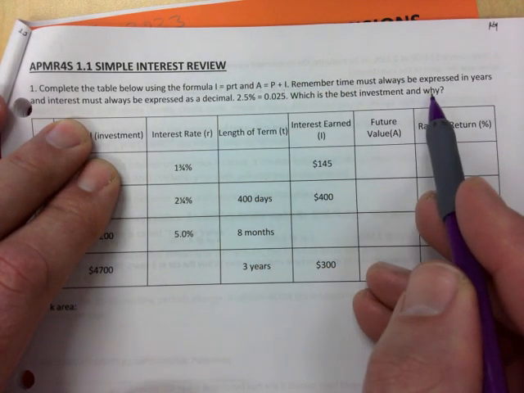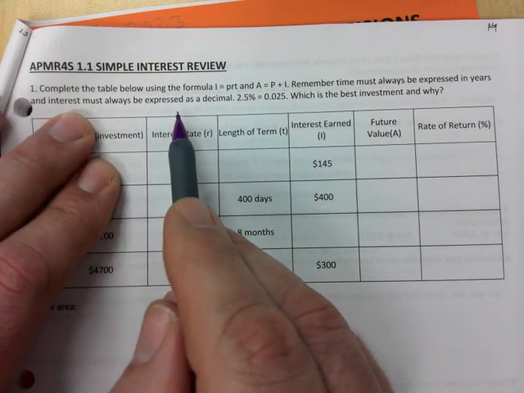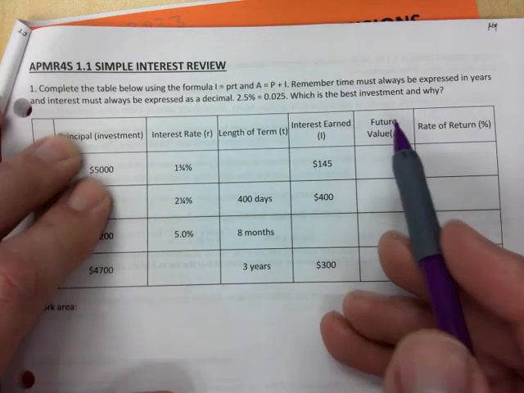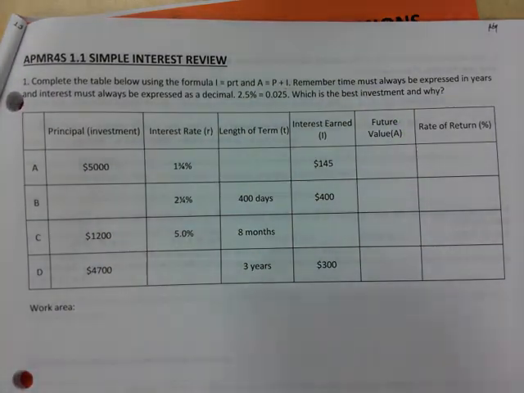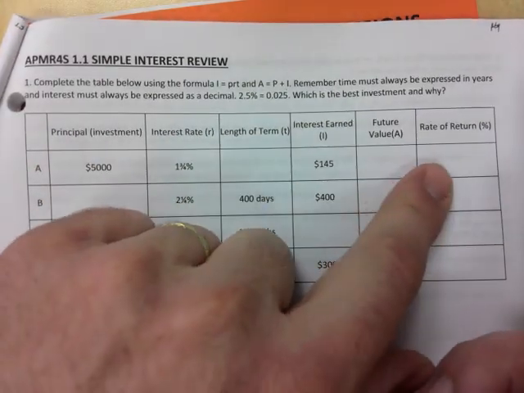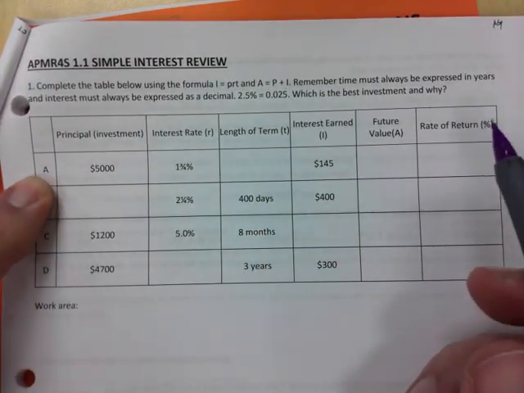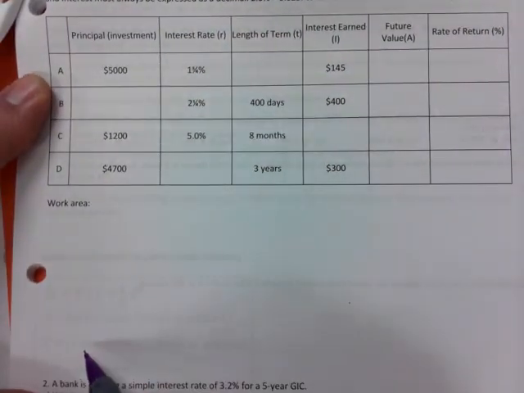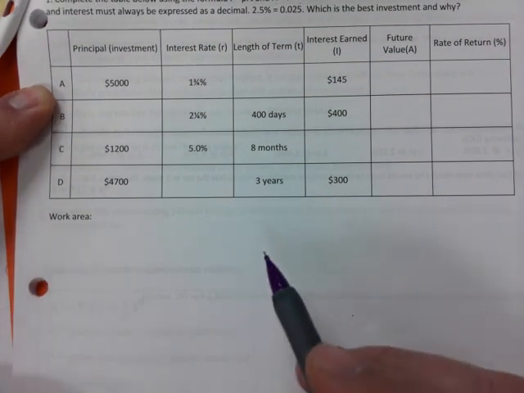Remember that time must always be expressed in years and that the interest rate must be expressed as a decimal. Which is the best investment and why? So we're gonna fill in this chart. Maybe I will pause it after a while and just give you the final. I did give you a work area down here, so maybe I might use it.